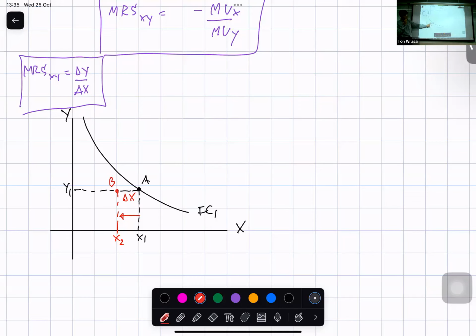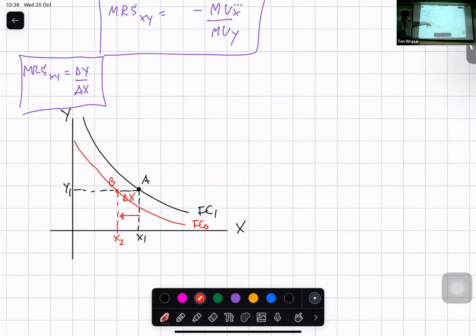Remaining basket now, basket B. And if you imagine, there must be an indifference curve that passes through point B and it stays lower than the black IC. Let's call this IC 0. So the illustration suggests that when we take away some pizza from this guy, he is upset about it.